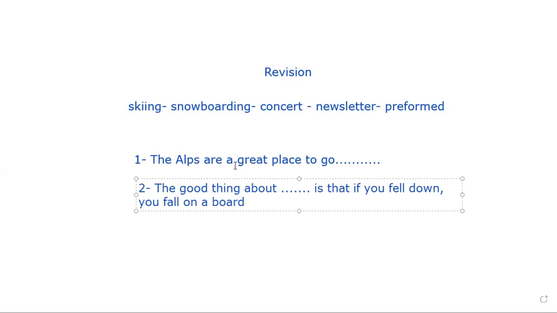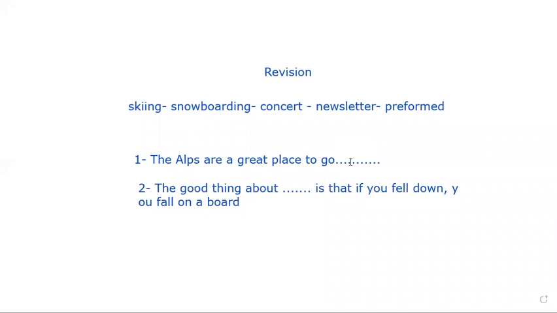So the first one here, it's on snow and you can do it as an adventure. So the Alps is a great place to go skiing. Okay? And this one, you're going to fall on a board. So you're going to use a board for this sport.